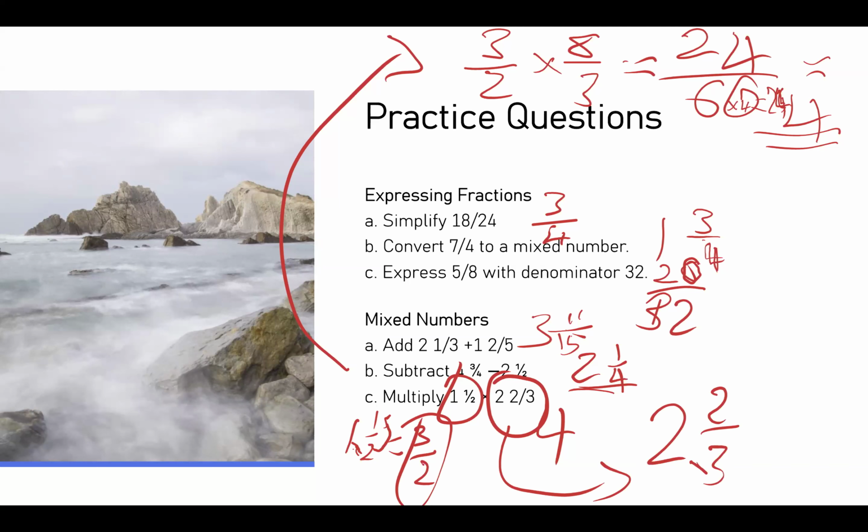So we do 2 times 3, which is 6, add the top number, which is 8/3. So that's what I did to turn it into an improper fraction, and then you can do the multiplication, which is 3 times 8, and it is also 2 times 3.